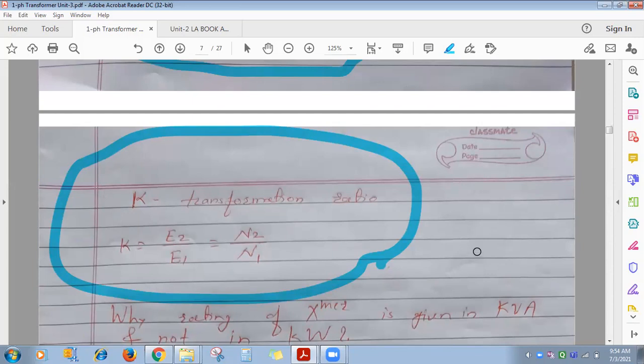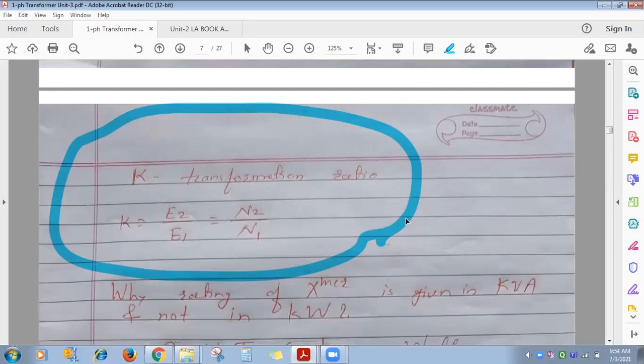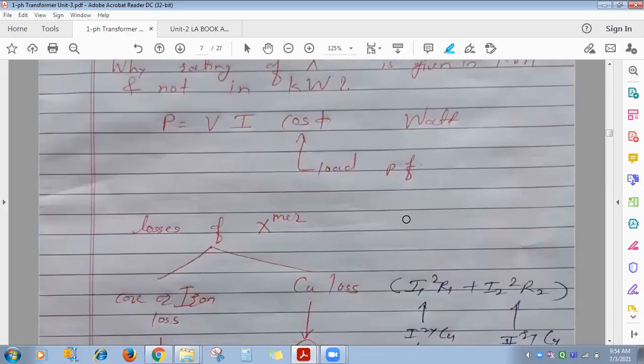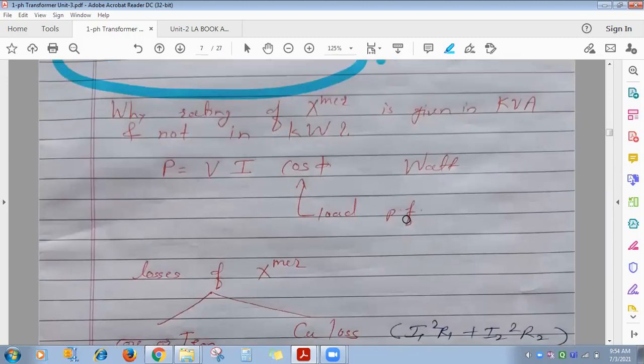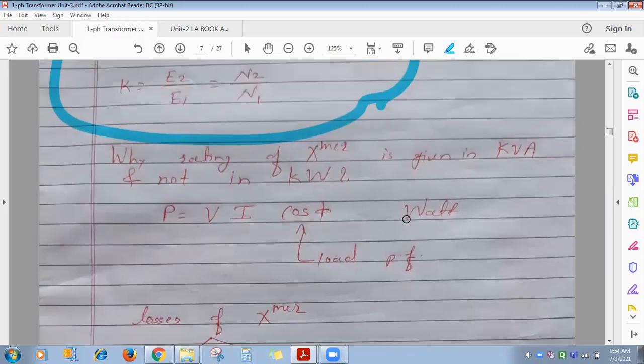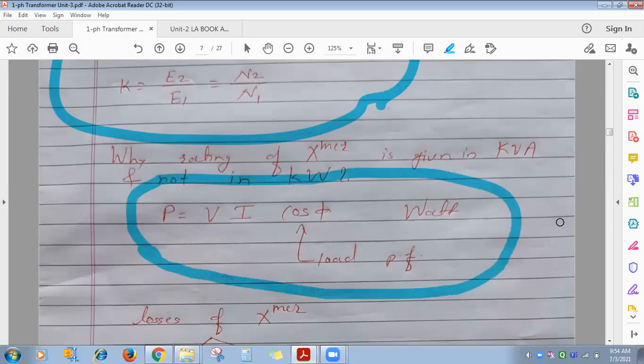Now, whatever transformer you are using for the fifth experiment, its kVA rating is 1 kVA. So why is the rating of a transformer given in kVA and not in kilowatt? That is the question. What is the formula for active power?